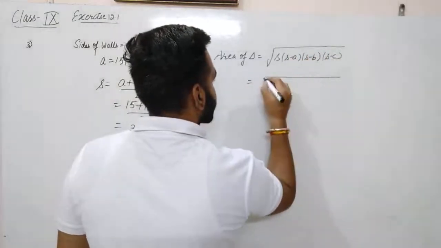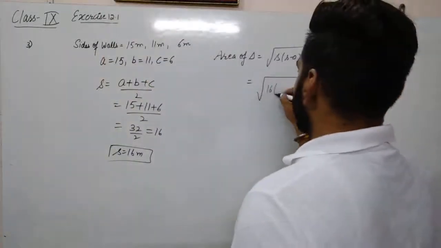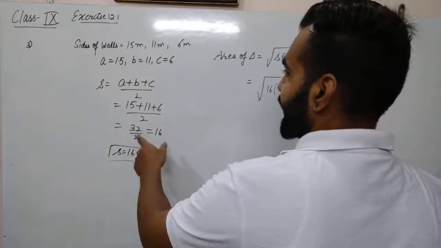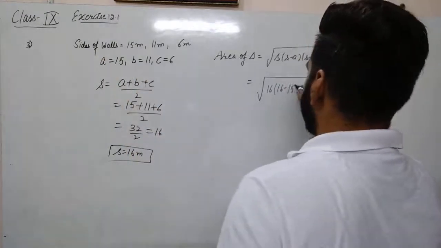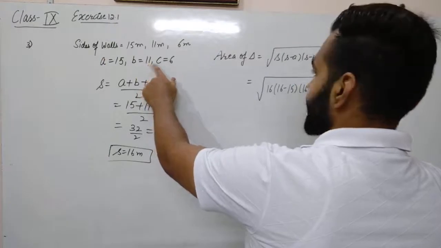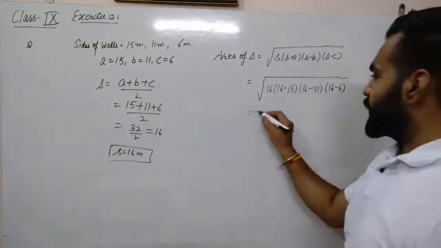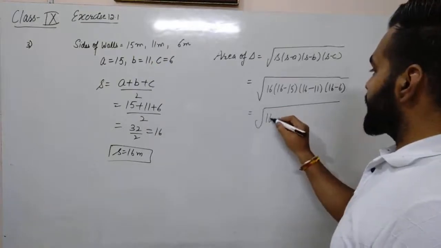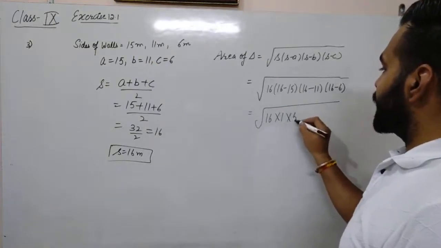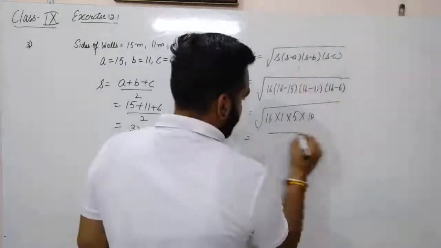So this will be equal to root of 16, 16 minus A, which is 15, 16 minus B, 11, and 16 minus C, 6. So this will be equal to root of 16 into 1 into 5 into 10. So make the factors here.